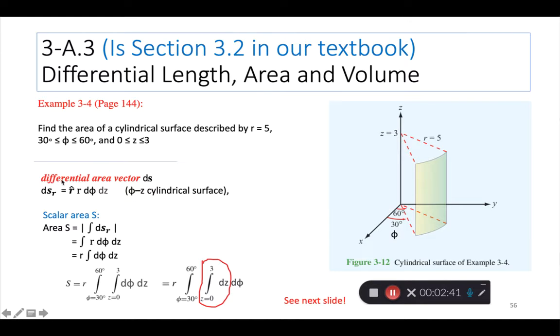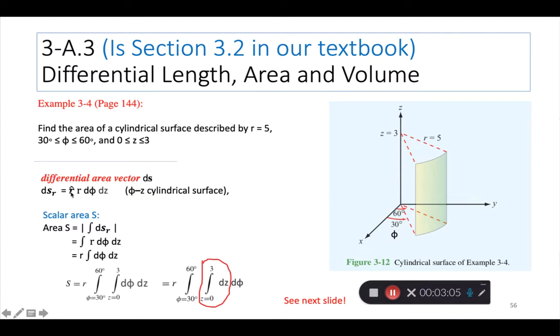So what we do in solving all these kinds of problems is use one of the definitions of the differentials, either length or area or volume. In this case we pick this differential area dS, dS_r in particular, right? And that is defined as this. Previously we have defined this.